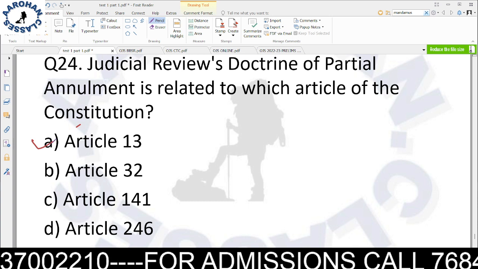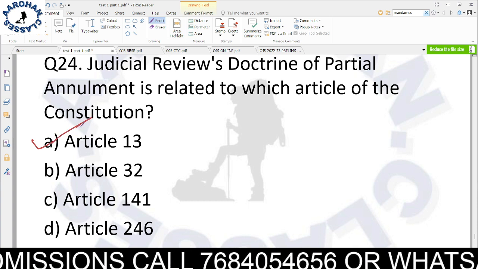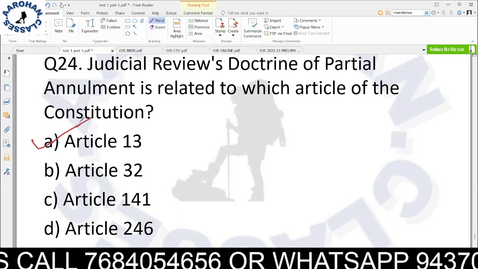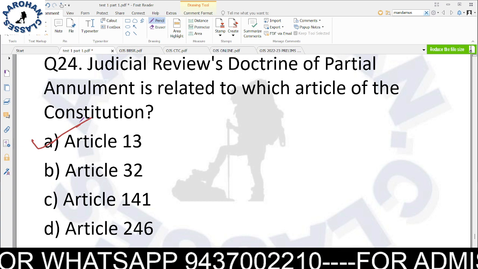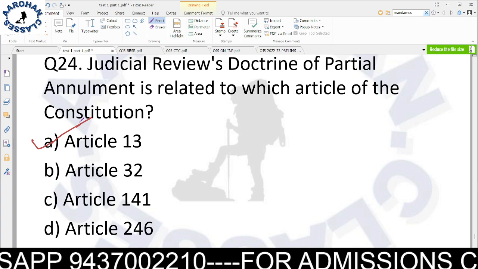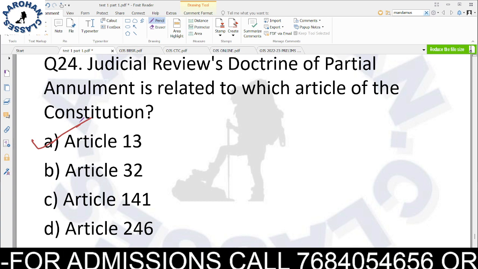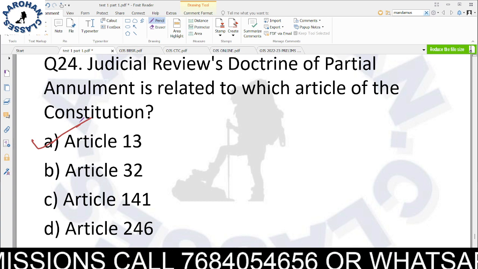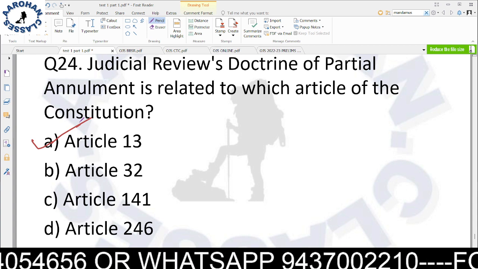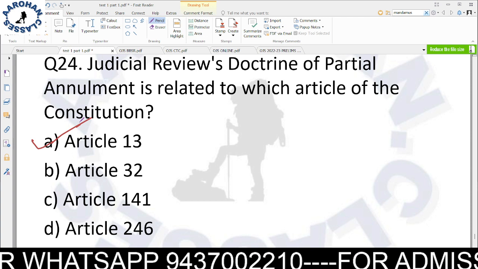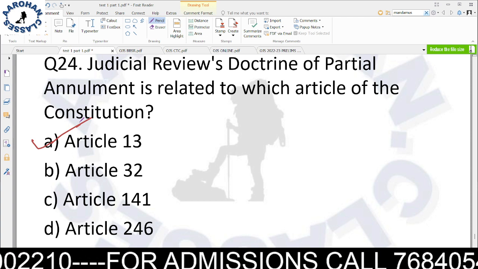Any law, executive order or ordinance which is made and is against the fundamental rights, against Part 3 of the Constitution, is ultra vires ab initio. From the beginning it is unconstitutional and should not be implemented. It's ultra vires. So Article 13 is the answer.